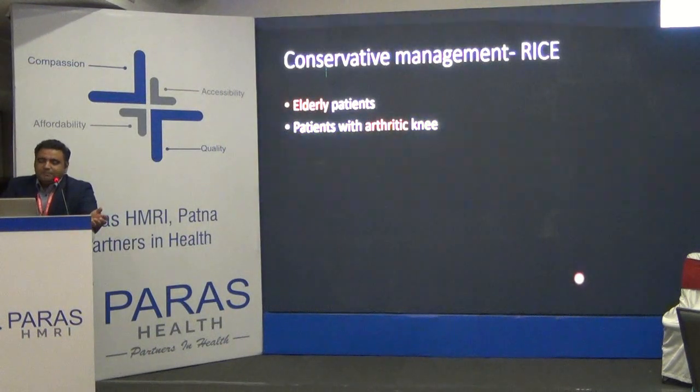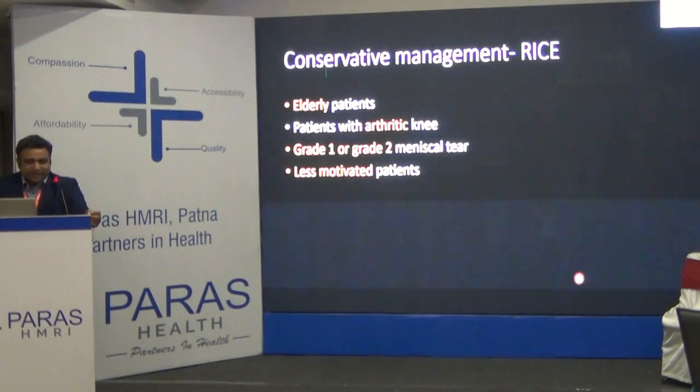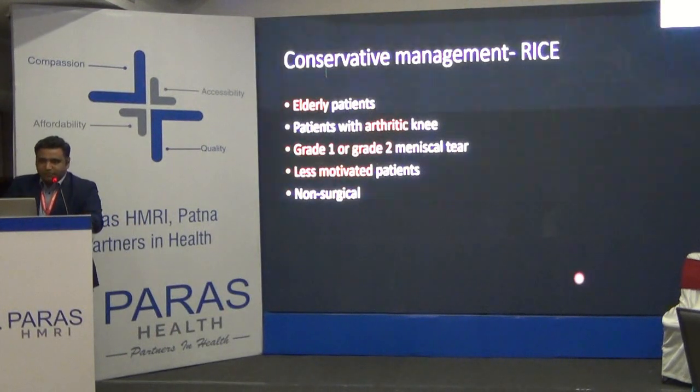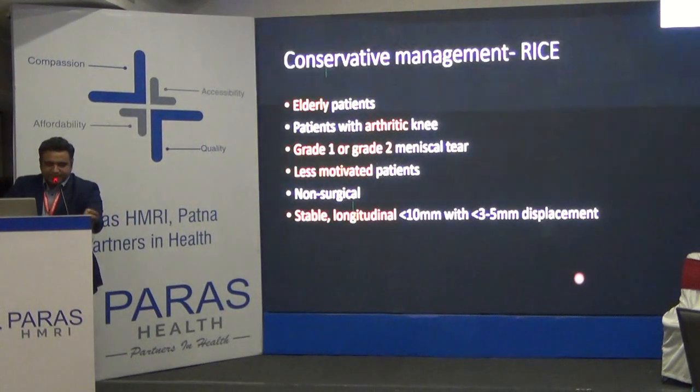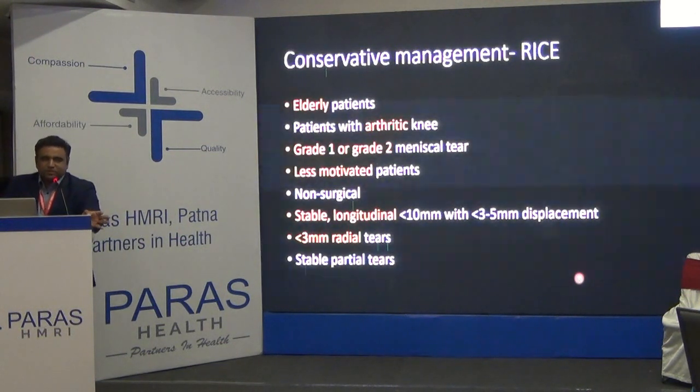It suits elderly patients with arthritis, grade 1 or grade 2 tears, less motivated patients, and patients who have opted for non-surgical management. Stable or longitudinal tears, radial tears less than 3 mm, and stable partial tears can be managed conservatively, meaning no arthroscopy, no meniscectomy and no meniscus repair.